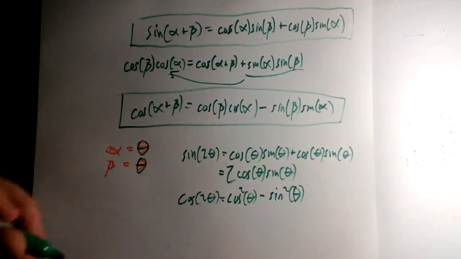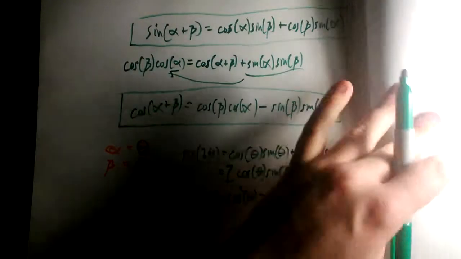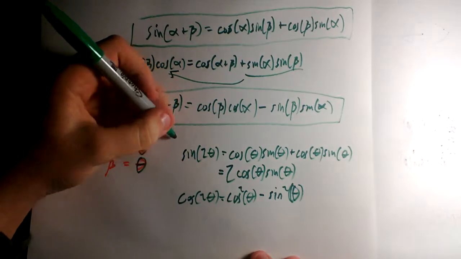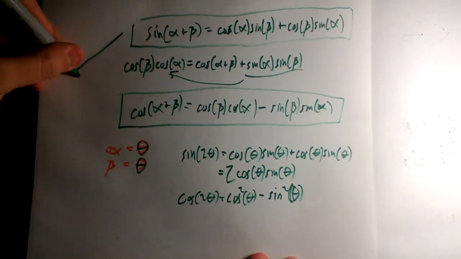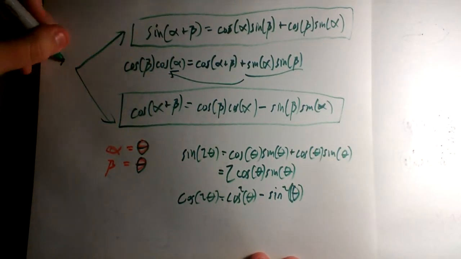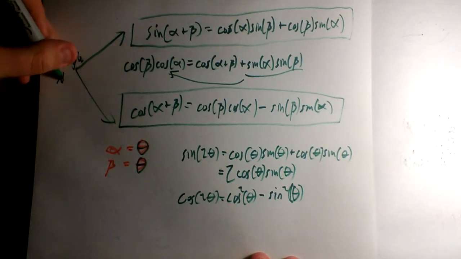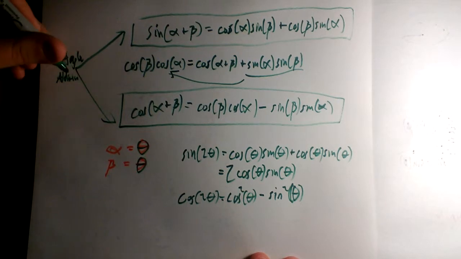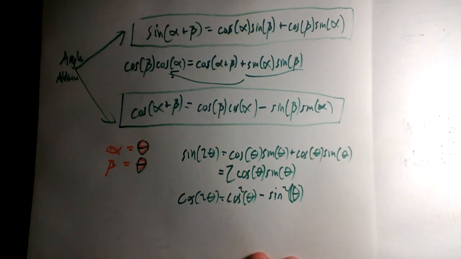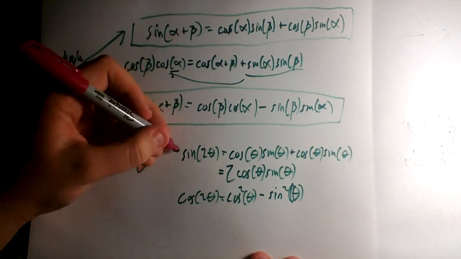Sorry, there you go. And what? Ooh, that's the exact same thing. So these are the double angle formulas derived from the angle addition ones. That is super rad.